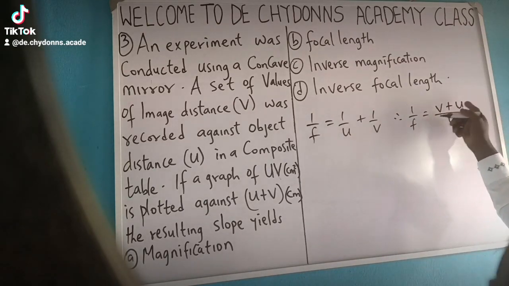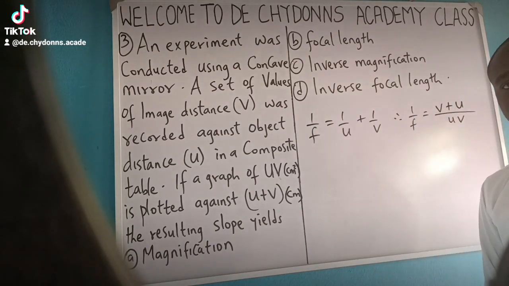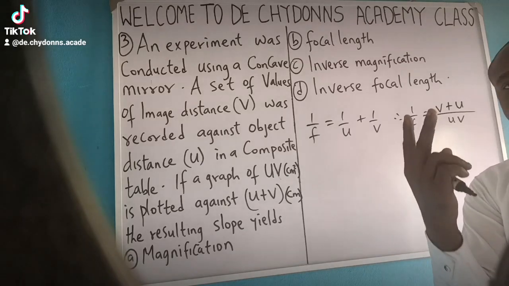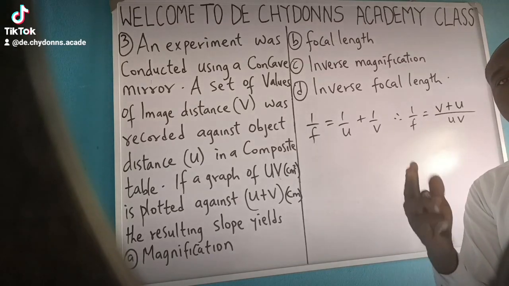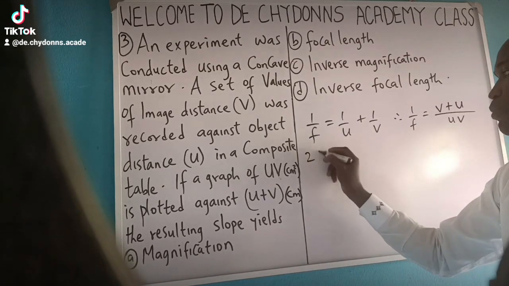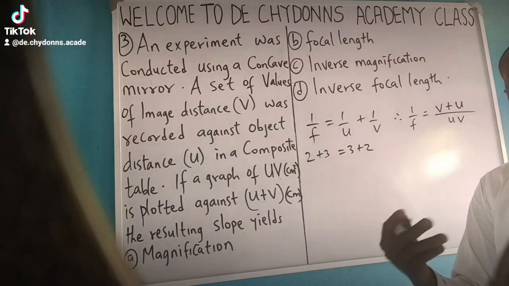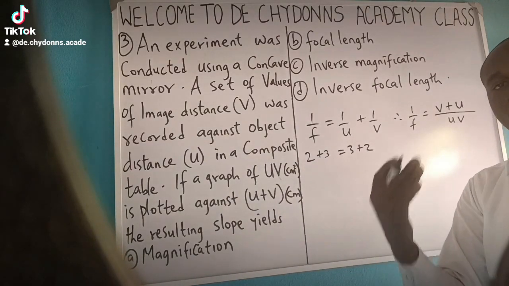Now, v plus u is the same thing as u plus v. Why do we say that? Addition of two numbers is said to be commutative. Look at what we mean: 2 plus 3 is equal to 3 plus 2. Addition of two numbers is said to be commutative.